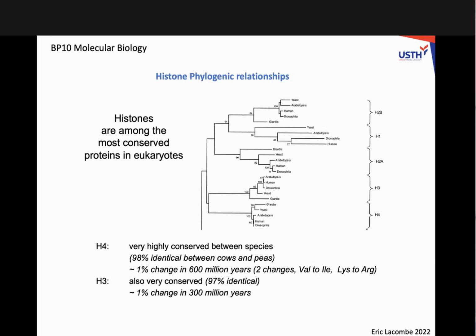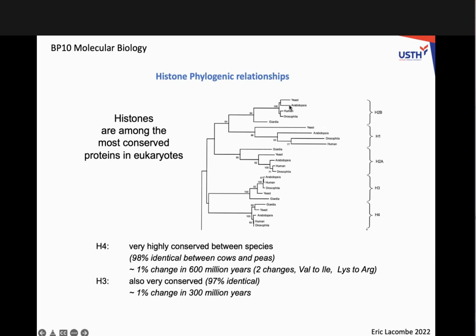So during evolution, I will show you two phylogenetic relationships between different histones. This means that these proteins play such an important role that they didn't evolve for very, very long time. And so these proteins are extremely conserved.